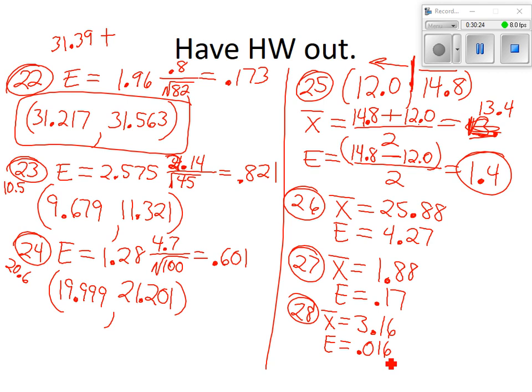Remember, on all this, what we're saying is, we're trying to come up with something about the entire population, but we can't really do something with the entire population. So we're just doing a sample, and we're saying, all right, the mean of our sample is 3.16. That's the mean that we got. And we can't say that the entire population's mean is going to be 3.16.